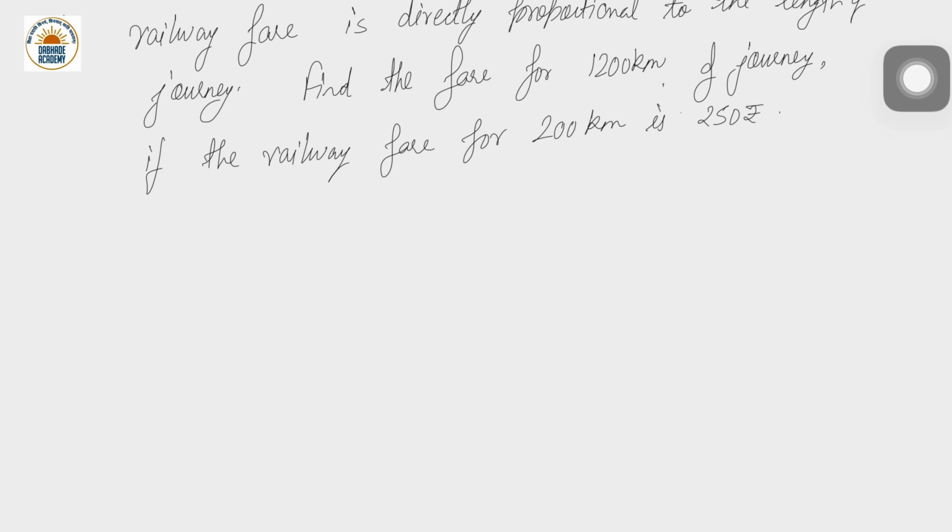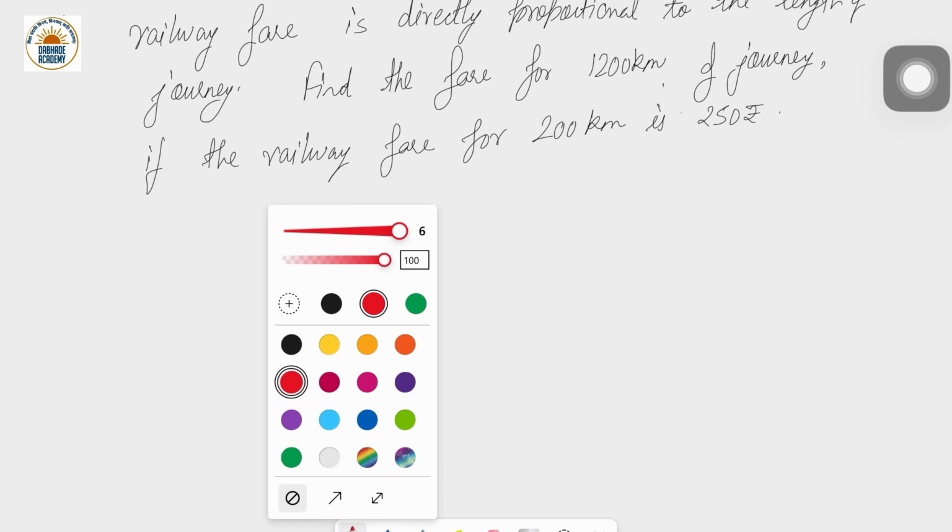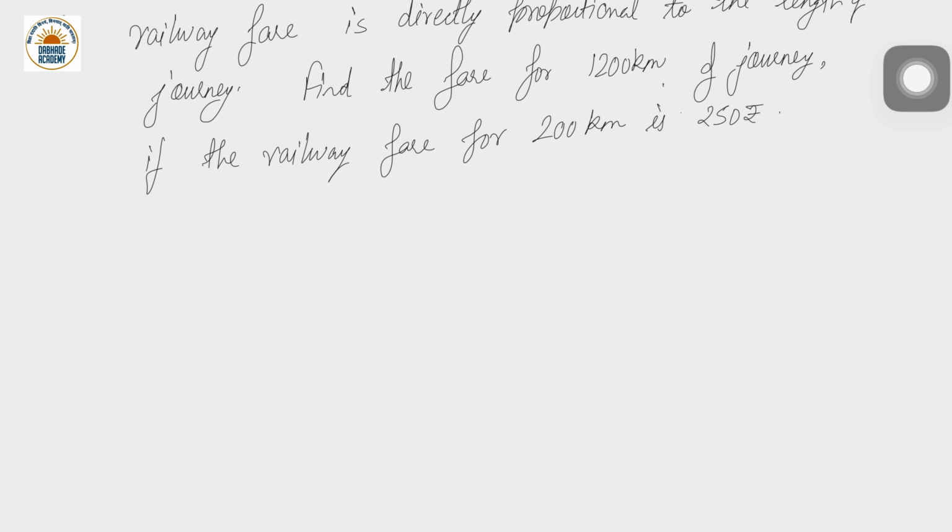So in this question, the railway fare is directly proportional to the length of journey.